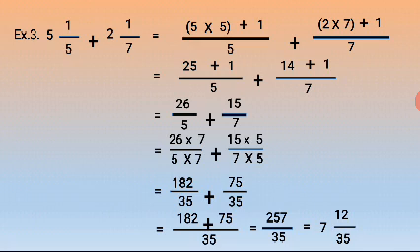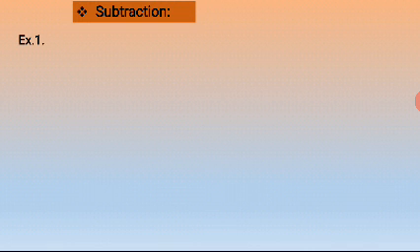So the sum of the mixed fractions 5 and 1 upon 5 plus 2 and 1 upon 7 is 7 and 12 upon 35. Got it? We see another example of subtraction.